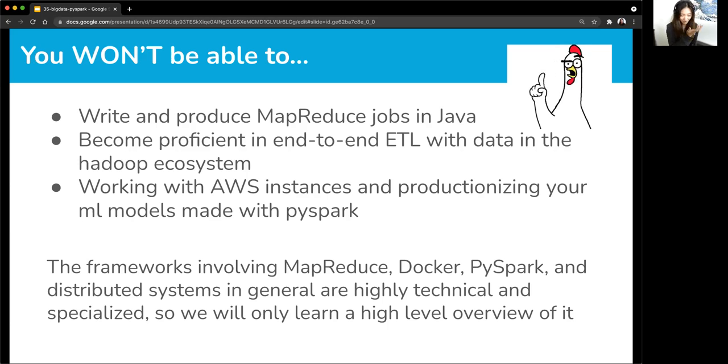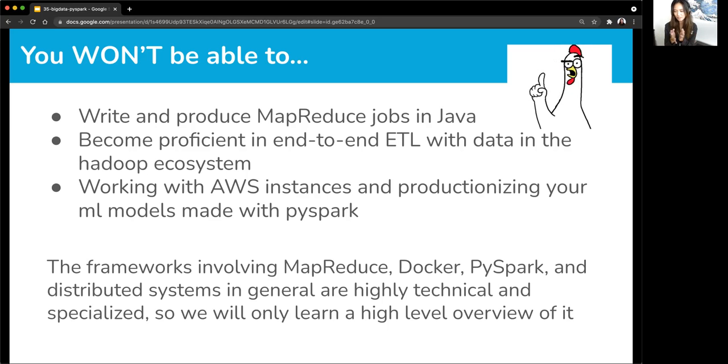Also, there are end-to-end ETL processes with data in the Hadoop ecosystem. ETL basically stands for extract, transform, and load, which is a big thing about data pipelines. If you're interested in that kind of stuff, that's actually more aligned with data engineering. So if you're interested in more of the coding aspect, more of the flow of data, perhaps look into data engineering.